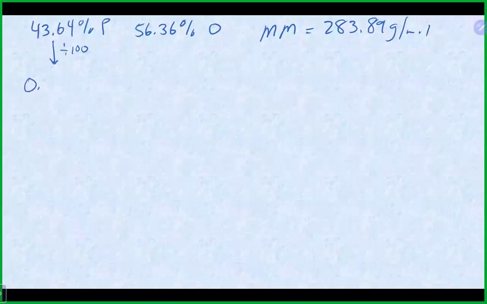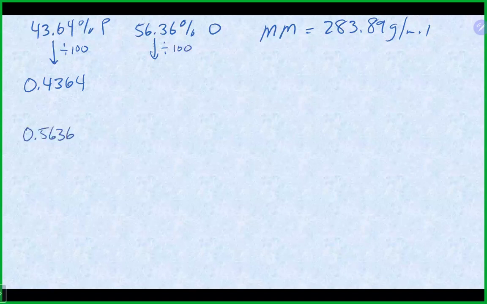That would give you 0.4364. And if you do that for oxygen as well, you'll end up with 0.5636, basically converting into a decimal.